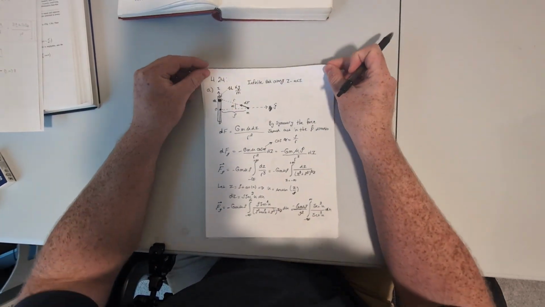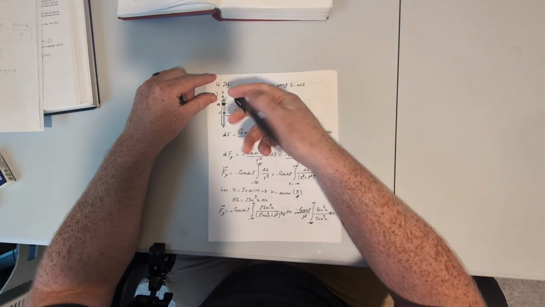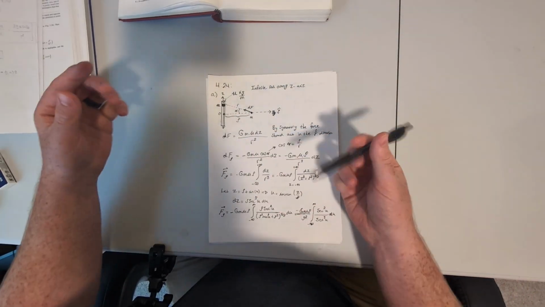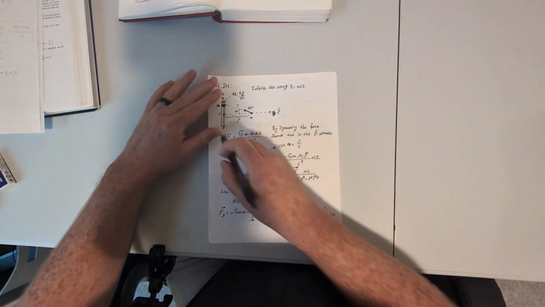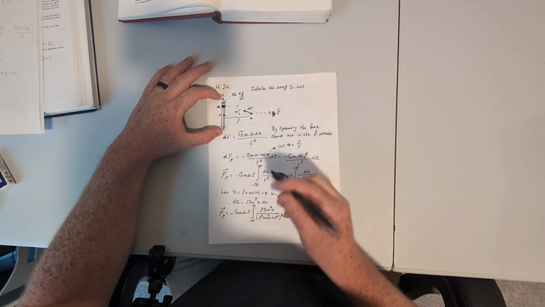All right, so I'm going to start off with a diagram of the problem. We have our z-axis going up and down, and x is coming out of the page. Actually, I wouldn't really think of x and y here, just think of the z-axis and then think in terms of cylindrical coordinates.